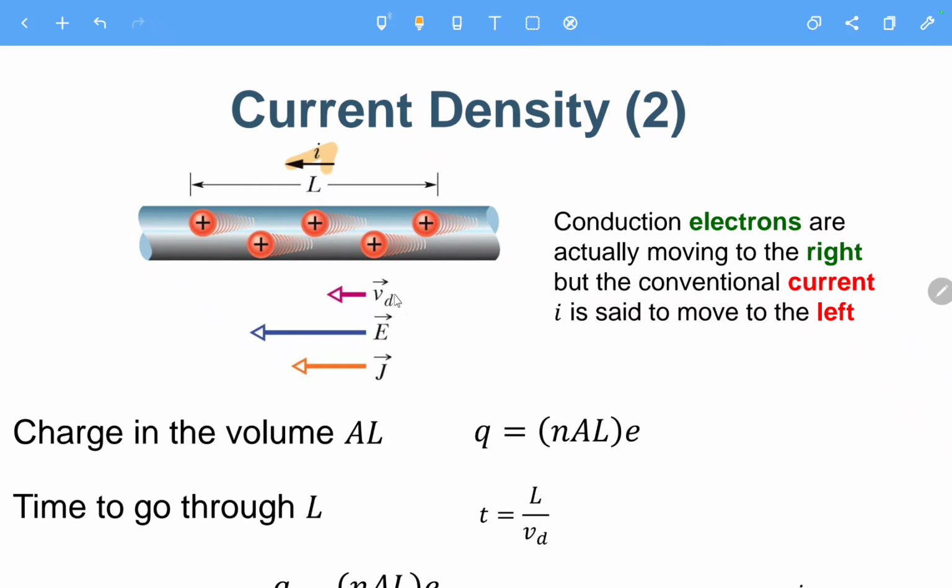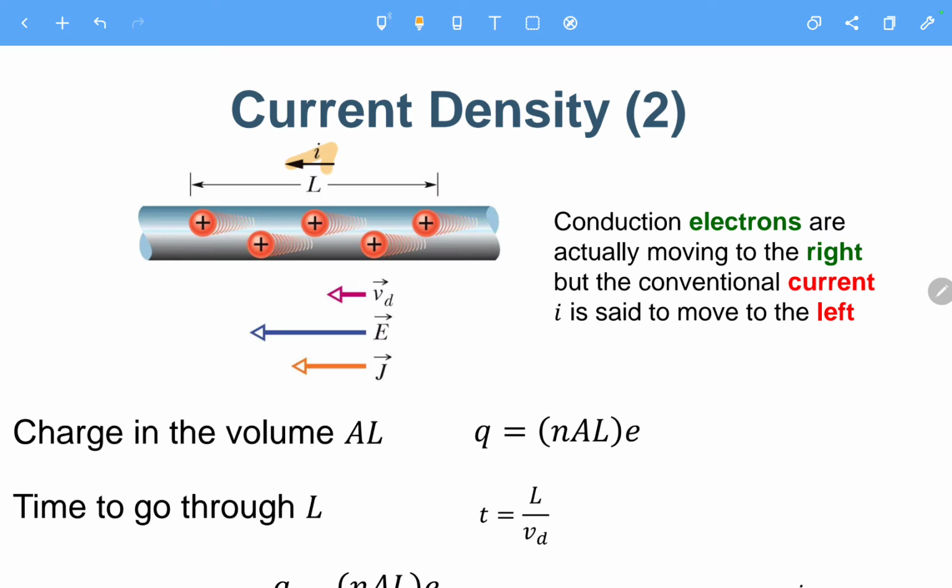For this one, it doesn't really matter whether it's a positive charge moving to the left or negative charge moving to the right. But in chapter 28, when we consider something called the Hall effect, the experiment tells you that the moving particle should be negative charge rather than positive charge.